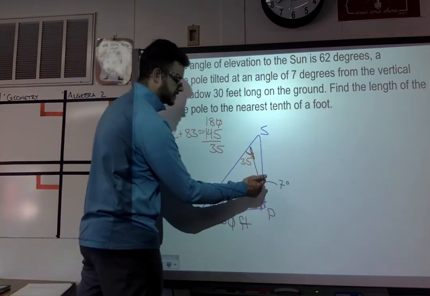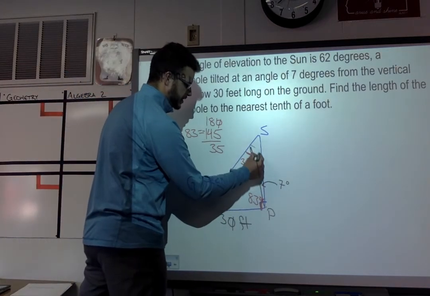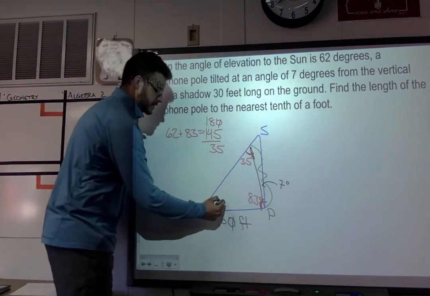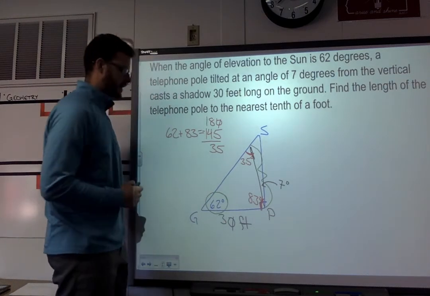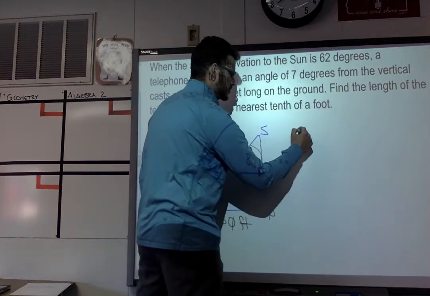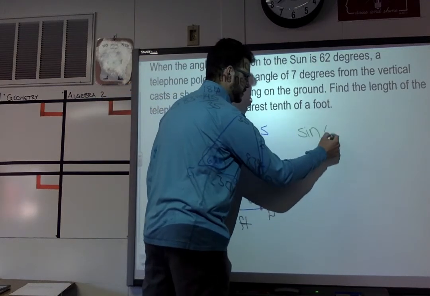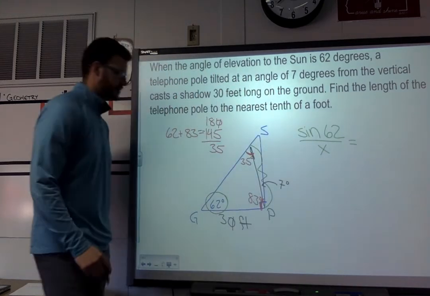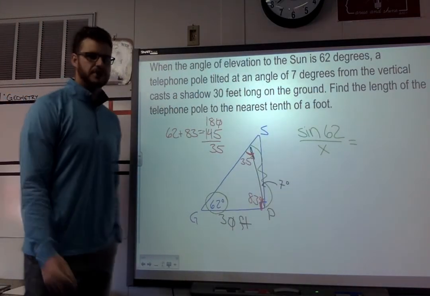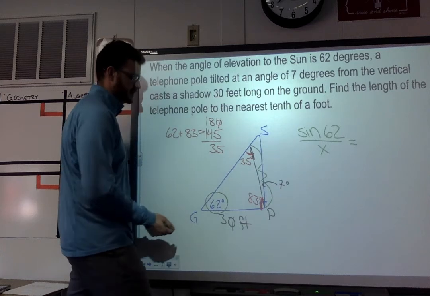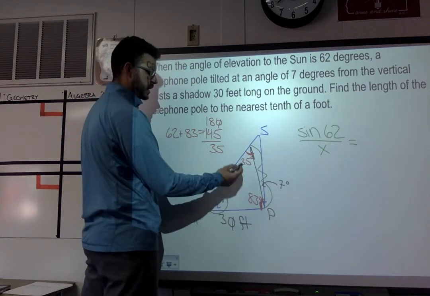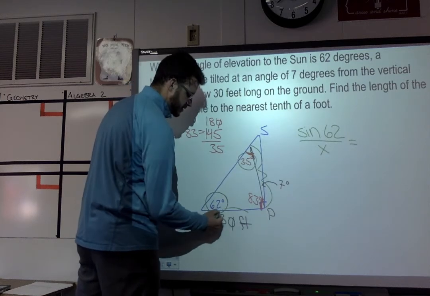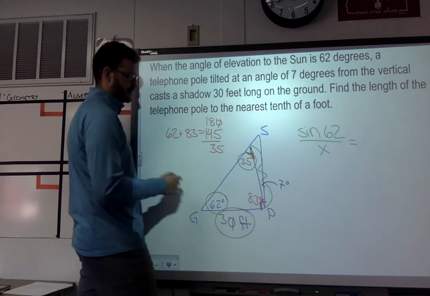So we're trying to solve for this length of the telephone pole, which means we know we're going to have to use the angle opposite of that. So we can say that the sine of 62 over the opposite side, which is x, is equal to, in order to determine which other angle we need to use, it's going to be the one that we're given the opposite side for. So 35 degrees and 30 feet.